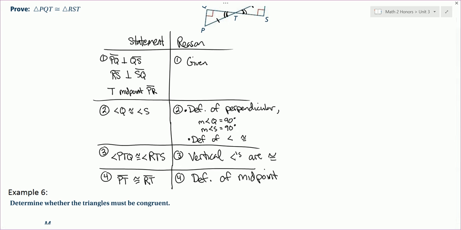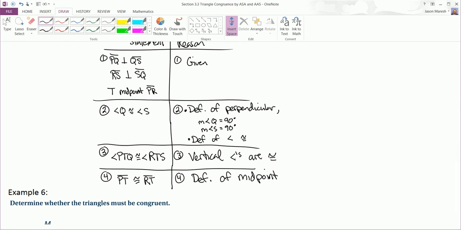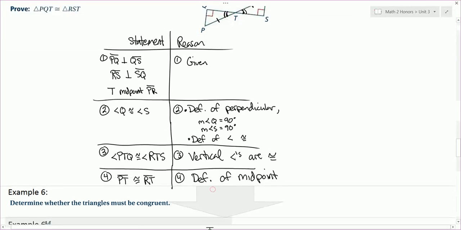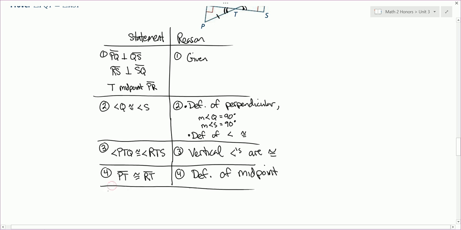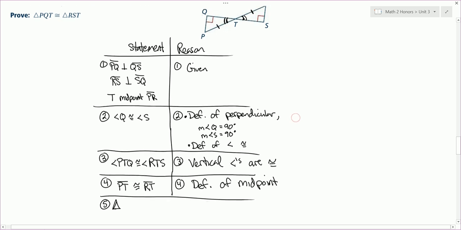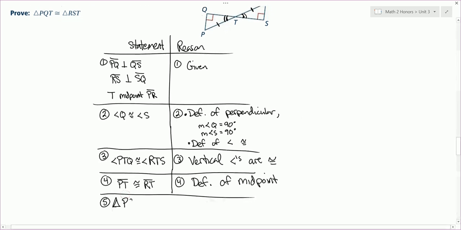So we'll finish this proof off. Triangle PQT congruent to triangle RST. Why? Well, from the picture we see it's angle, angle, side congruence. And we've finished that proof.